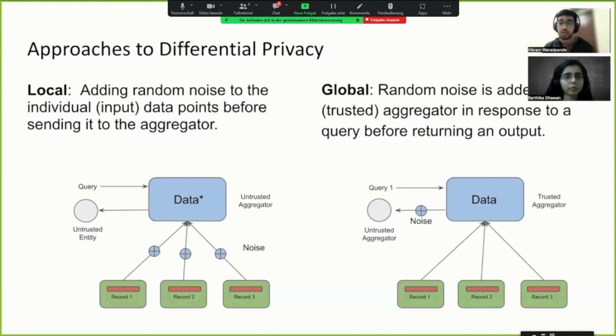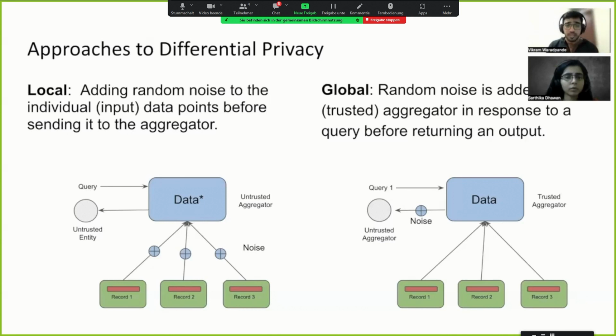The second approach is called global differential privacy, in which case the aggregator itself is trusted because it has the original data of all the individuals. But when a third party queries the data, the output of the query from the trusted aggregator is manipulated by adding some noise, so that again the third party is always untrusted, but the database itself can be either trusted or untrusted depending on what approach we take.